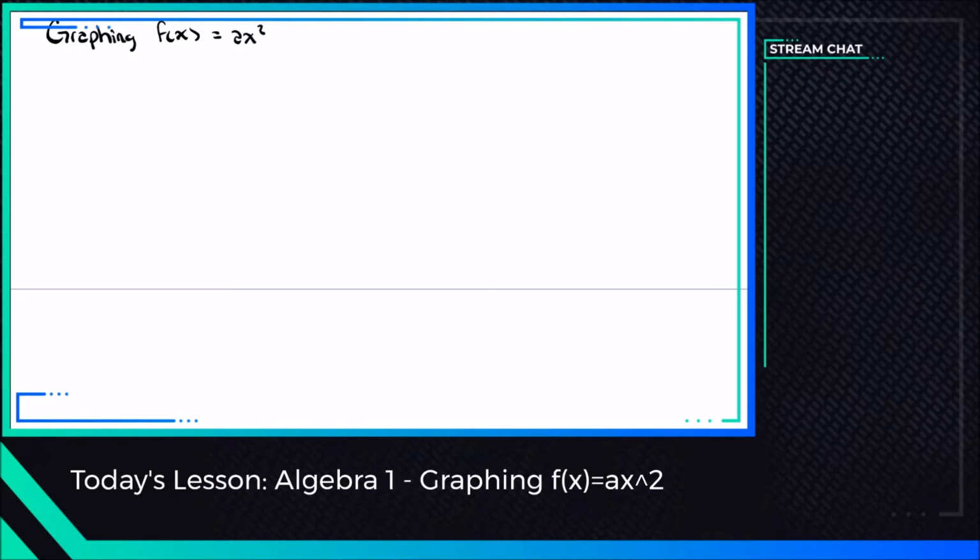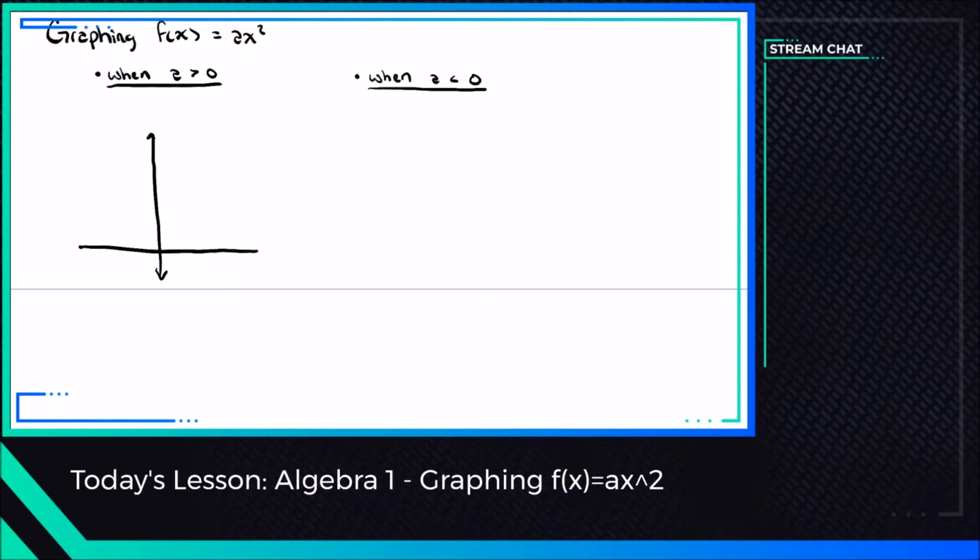And we're going to be given two possibilities: when a is greater than 0, a can't equal 0 because we won't have a parabola, or when a is less than 0. So we're going to give a couple of graphs here. These are going to be generic.